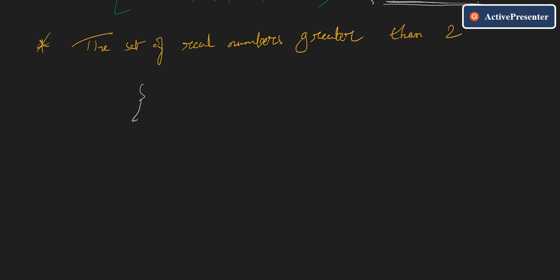If we take an example, the set of real numbers greater than 2 can be written as the set of x such that x is greater than 2 and x is an element of real numbers.